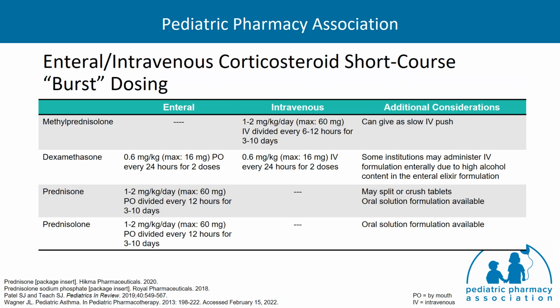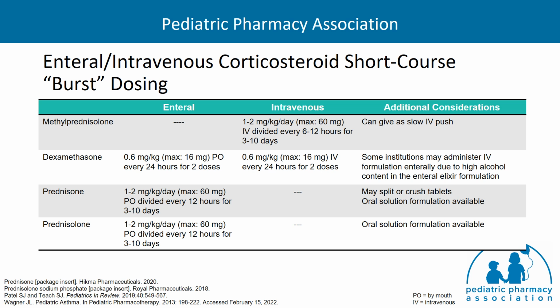This table represents commonly used doses of corticosteroids which may be used during an asthma exacerbation. Doses may differ slightly depending upon institution-specific guidelines, and I do want to point out that maxes of up to 80 milligrams per day of methylprednisolone may be used in some institutions.